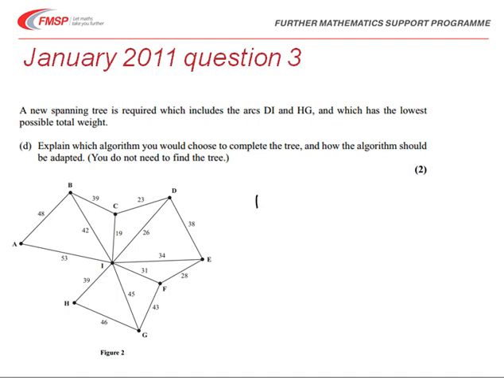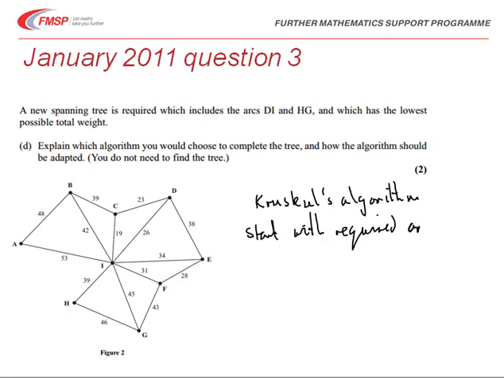So it would be Kruskal's algorithm, but we would start with the required arcs DI and HG already in place.